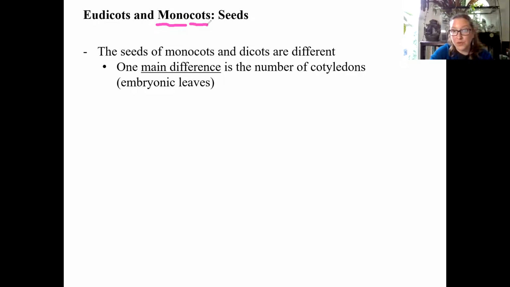Cot refers to cotyledon, and so monocots have 1 cotyledon. That's why they're named that. And remember, it used to be dicots, now eudicots. But either way, we know what di means, 2, and the cots refers to cotyledons, and so eudicots have 2 cotyledons. That's another way to tell them apart.